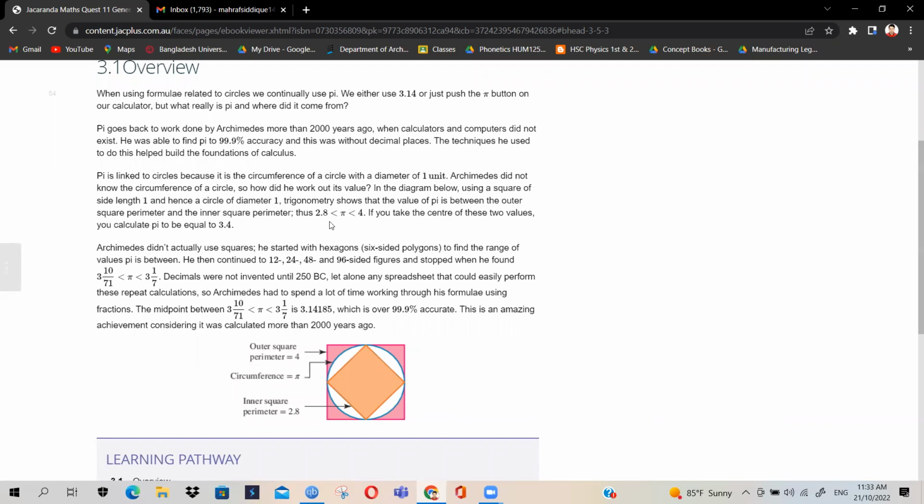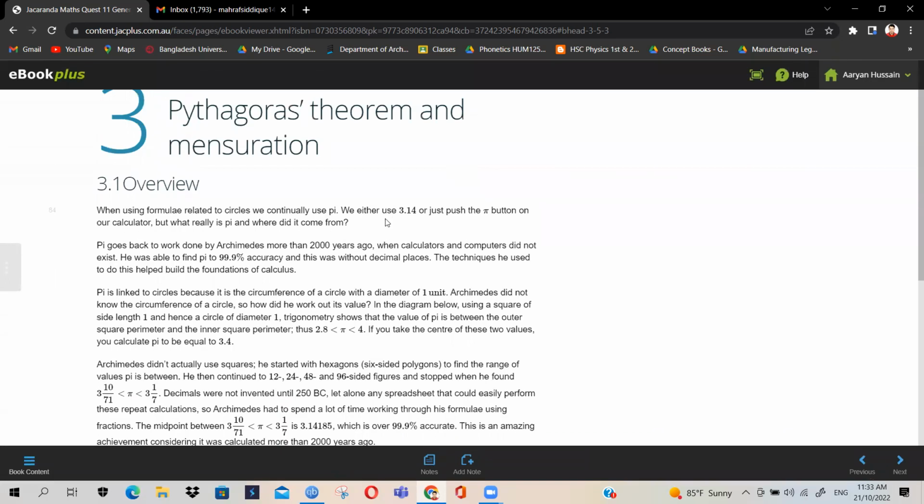The value of pi is the ratio of the perimeter of a circle to its diameter. So for instance, this is our circle. Its perimeter would be 2 pi r, and its diameter would be any line that goes through the center.